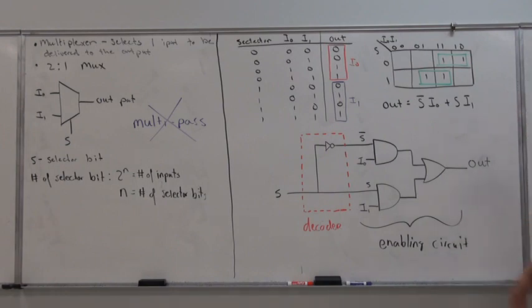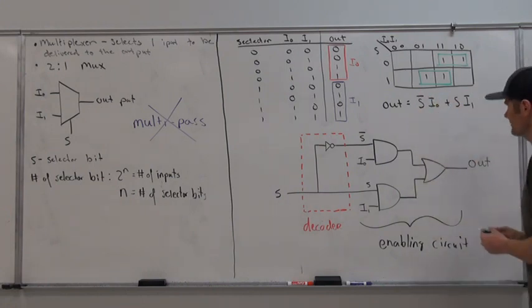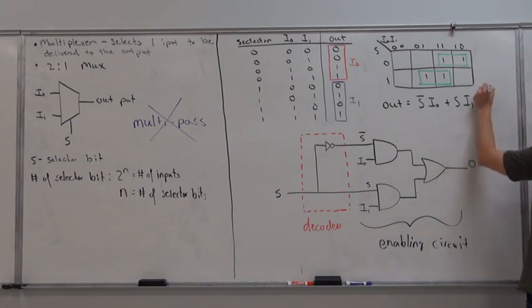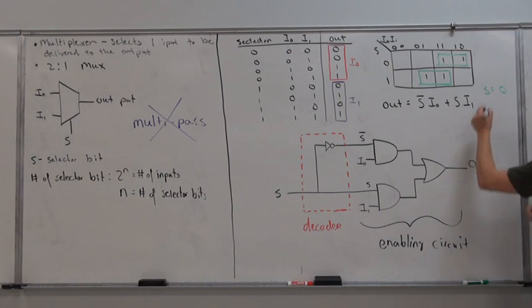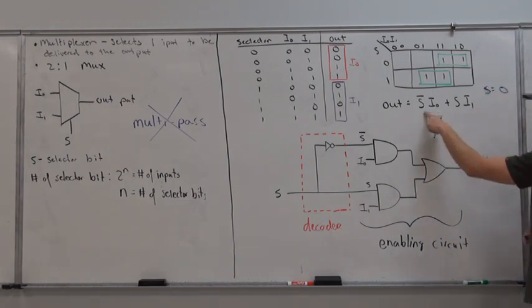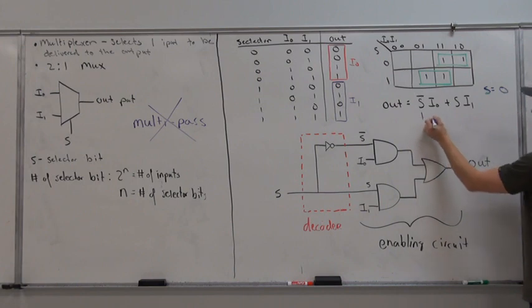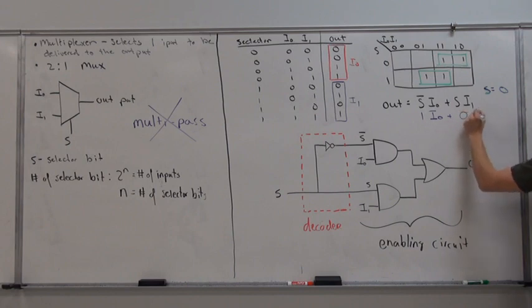Now, how does this actually work? Does it actually work? Let's take a look. When S is low, so if S is equal to 0, S bar causes this to go high. So if S is equal to 0, then S bar becomes 1, in which we AND that with I naught, and then OR with 0 ANDed with I1.